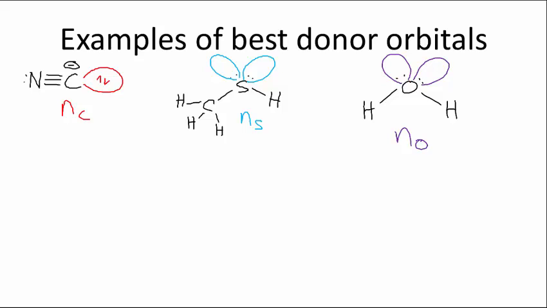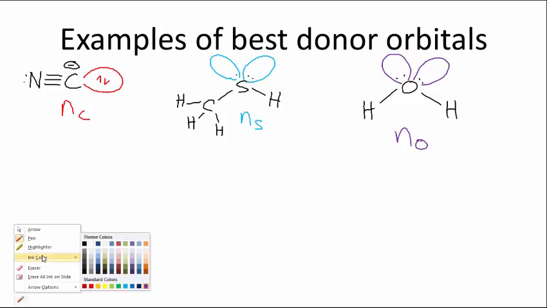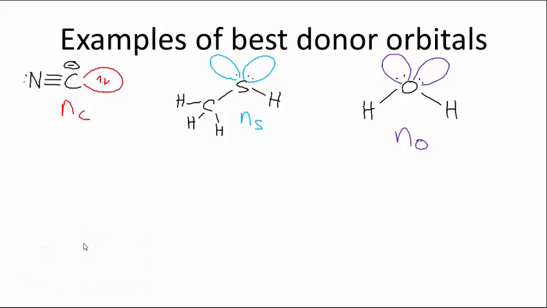And then we said, once we get past lone pairs, our next level of potential donors would be things like pi CC.